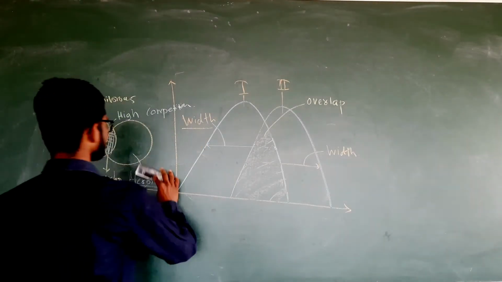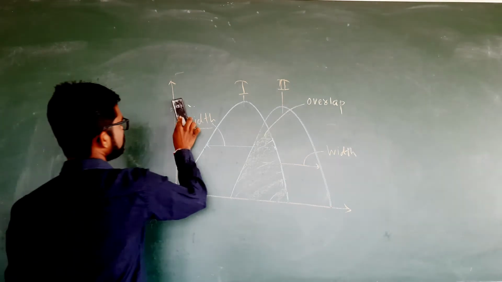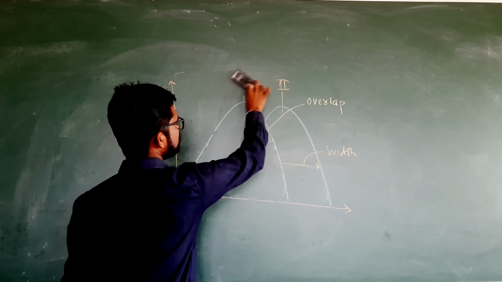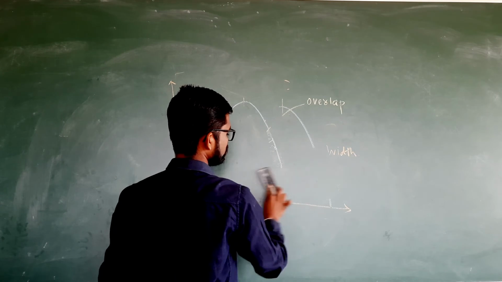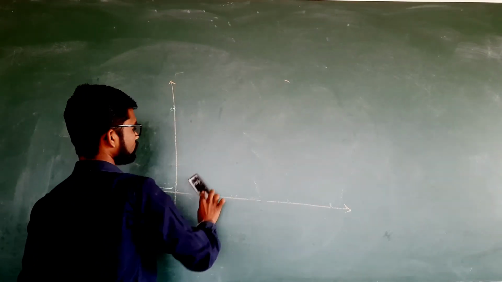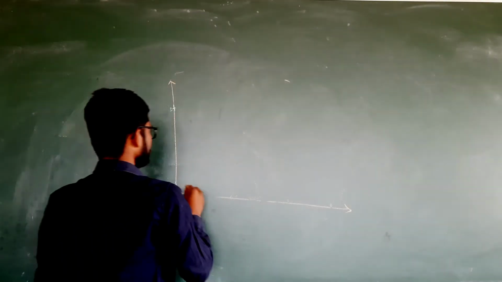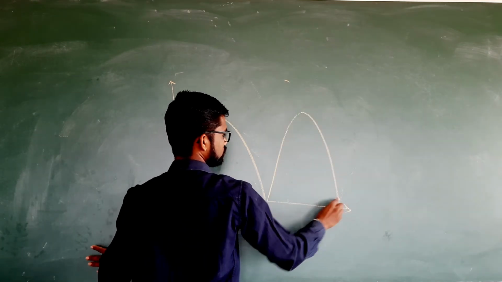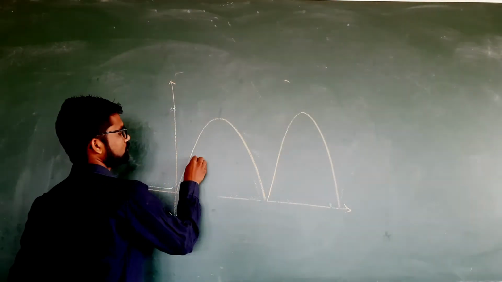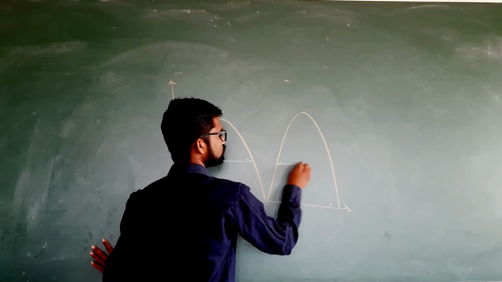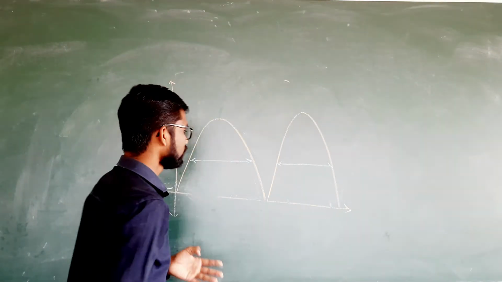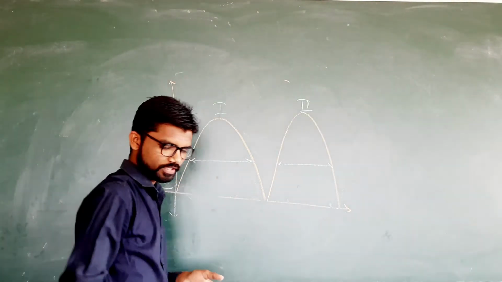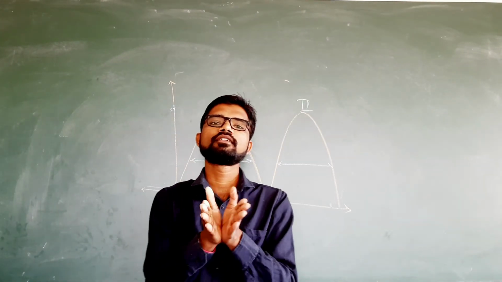Then the second case is where there are two organisms living in the same microhabitat, but their type of food is different.